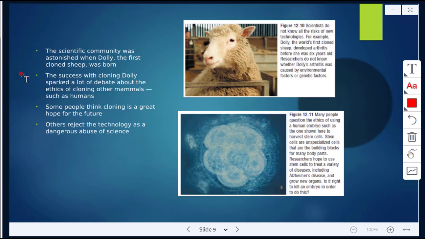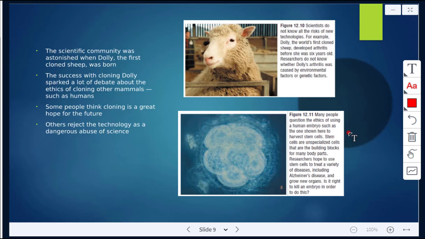And some people think that cloning is a great hope for the future. Others reject this cloning technology as a dangerous abuse of science. This is a human embryo, this diagram here. So many people have ethical questions about using a human embryo to harvest stem cells.